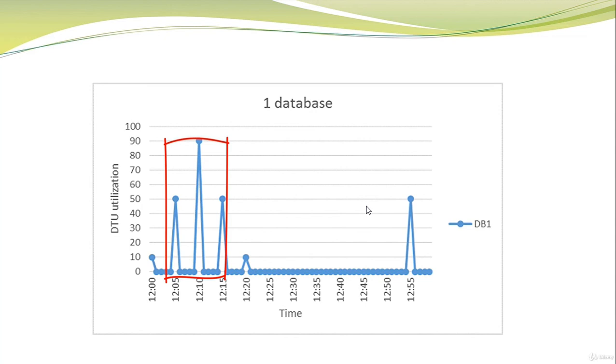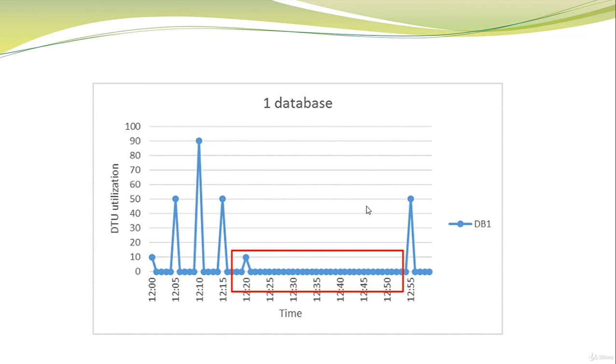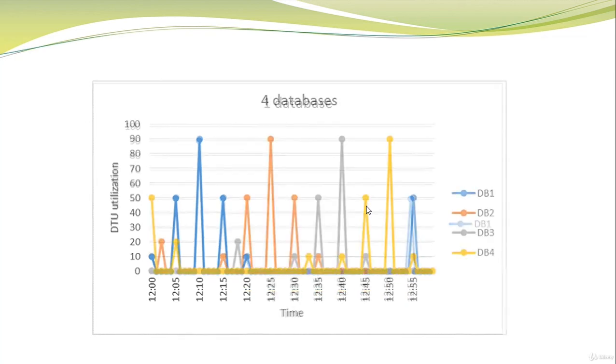This is a utilization pattern that is more suited for a pool. For the 5-minute period illustrated, DB1 peaks to 90 DTUs, but its overall average usage is less than 5 DTUs. If we let it run as a single database, this leaves most of the resources unused during periods of low activity. In this case, Microsoft offers an alternative to a single database.